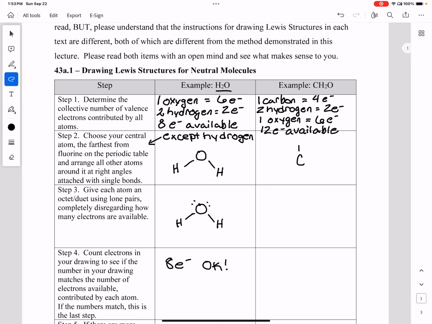Okay, I'll arrange everything else using single bonds and go from there. So now we have to obey the octet rule, regardless of how many electrons I have available. So let's draw the same thing with the lone pairs necessary.